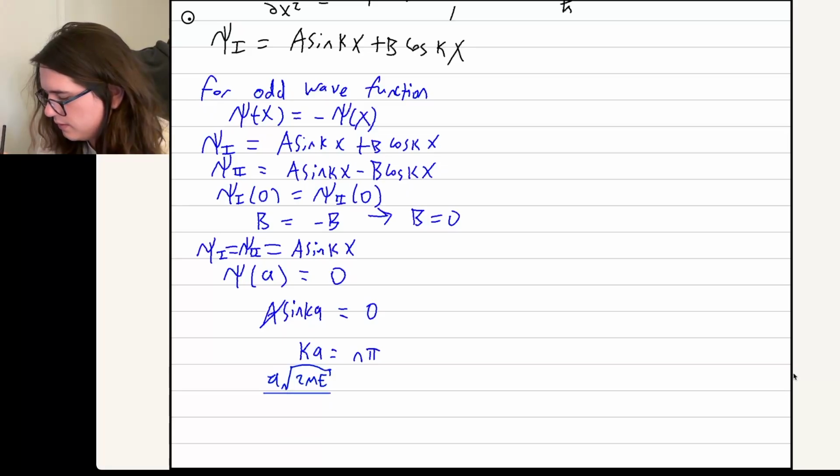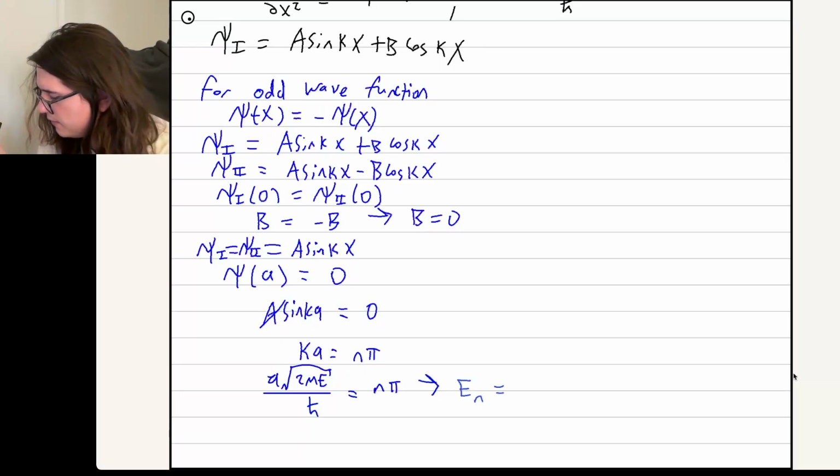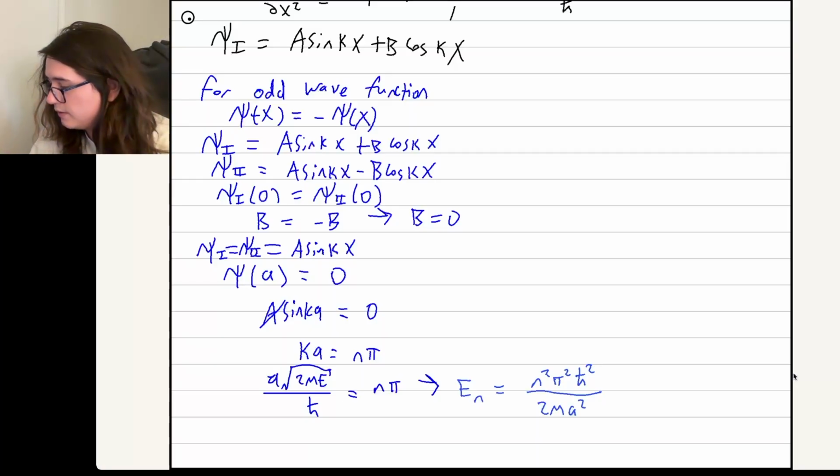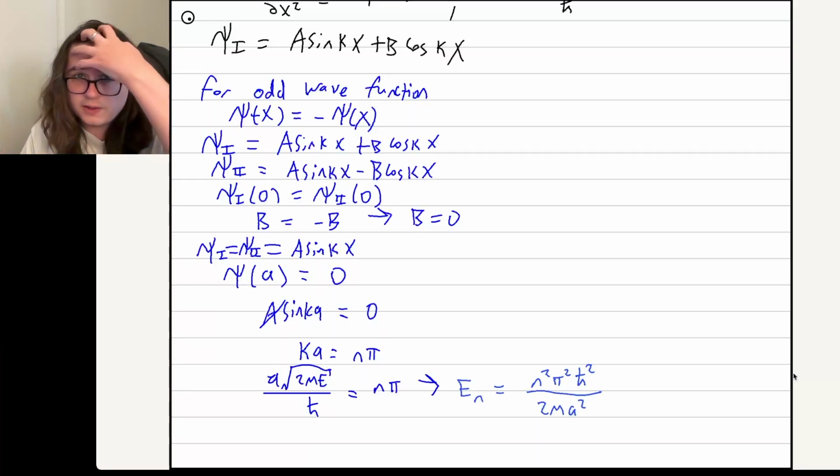This is over h bar, and you can use this to solve for E as being n squared pi squared h bar squared over 2ma squared, which is the same as the infinite square well energy eigenvalues.